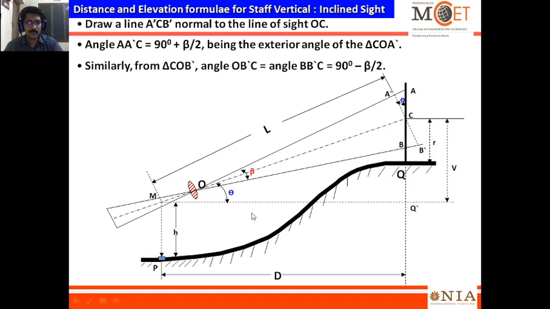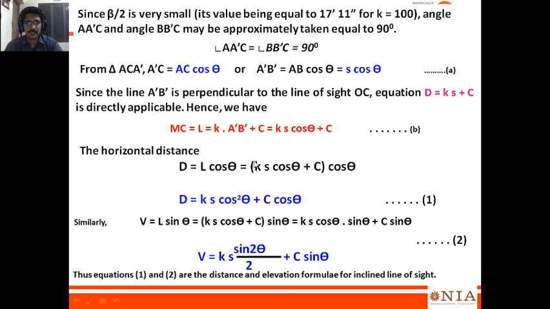Cos theta is equal to D by L, right? So we require D, so D is equal to L cos theta. L, what we have obtained, Ks cos theta plus C, into cos theta. The product gives the distance equal to Ks cos square theta plus C cos theta, right?